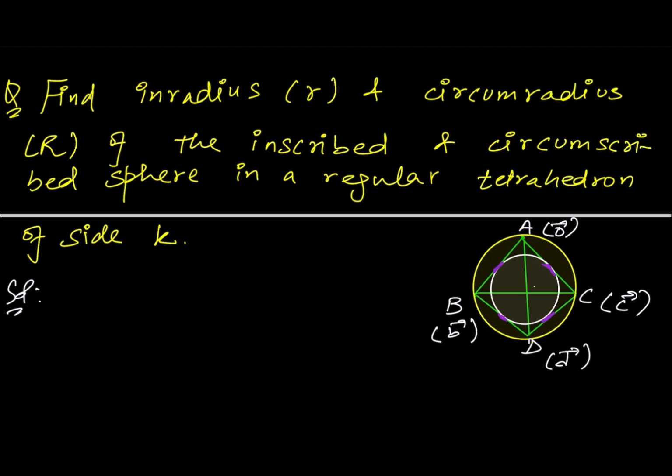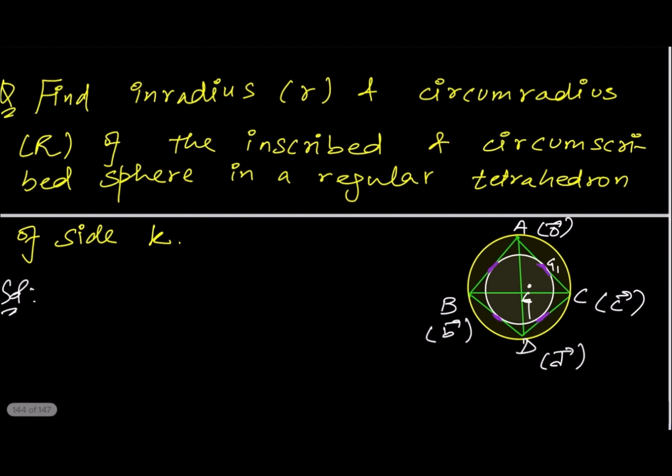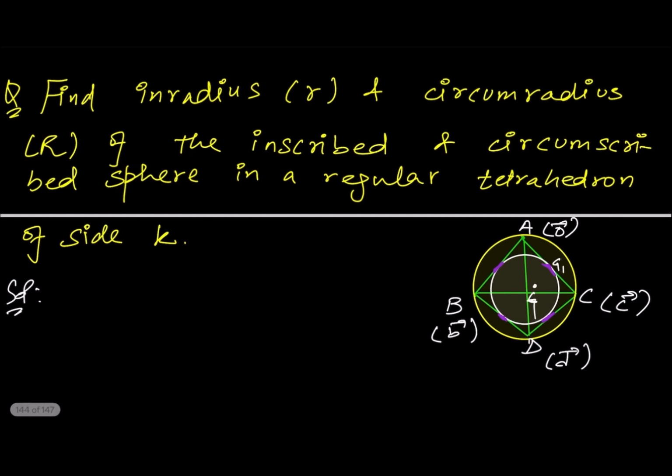So let's say this is G, and G1, G2, G3, G4 are the centroids of the triangular faces at which inscribed sphere is touching.